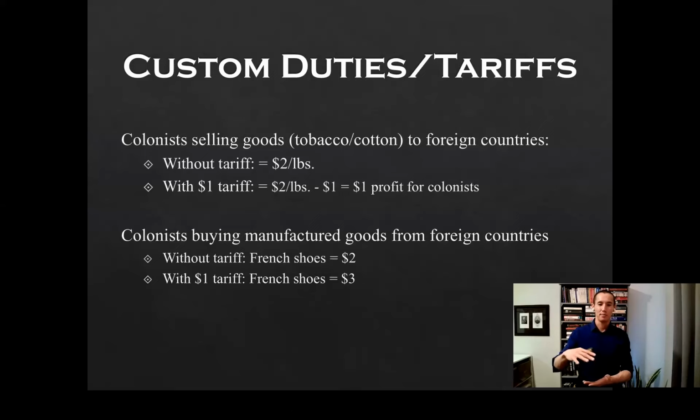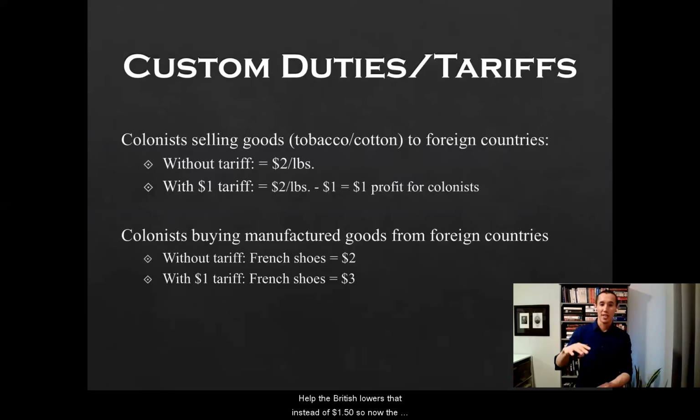You lower them. So let's say the British want to make money and they are charging for everything that comes into the colonies, like sugar. Well, the British have a $1 tariff on sugar, say. So just arbitrarily, sugar coming in is $2 a pound. The British have a tariff of $1, which means the colonists have to pay $3.